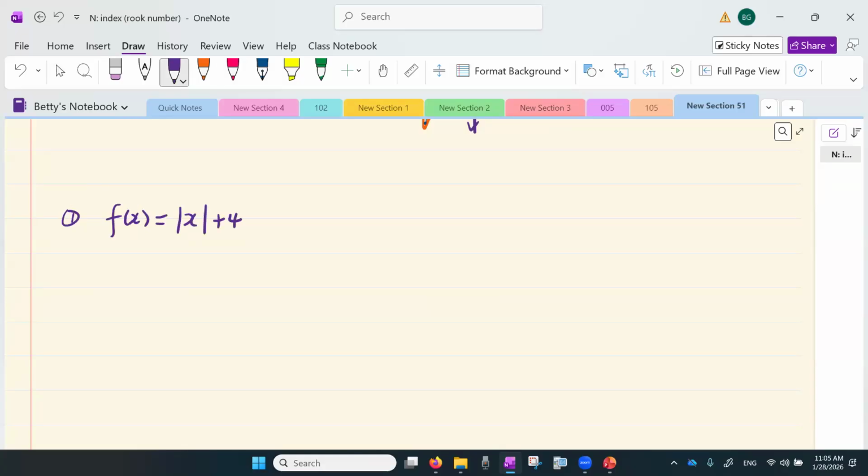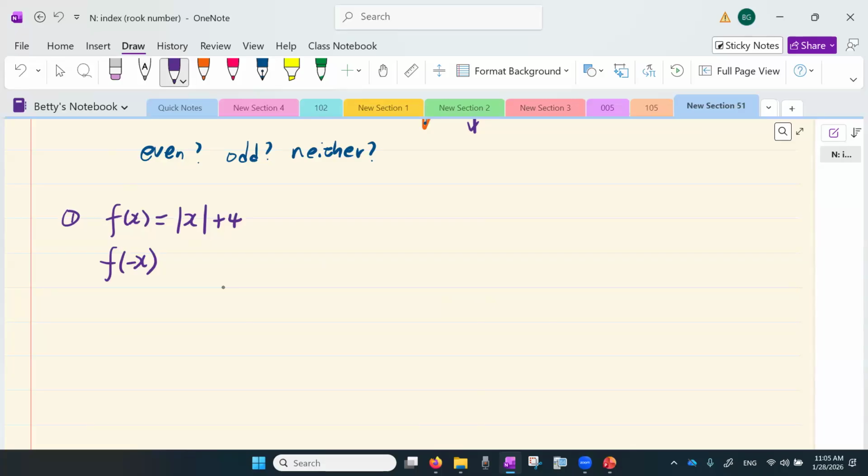Our goal here is to determine if the function is even, odd, or neither, right? That's the purpose. And this is the function. And you're gonna go ahead and find f of negative x.